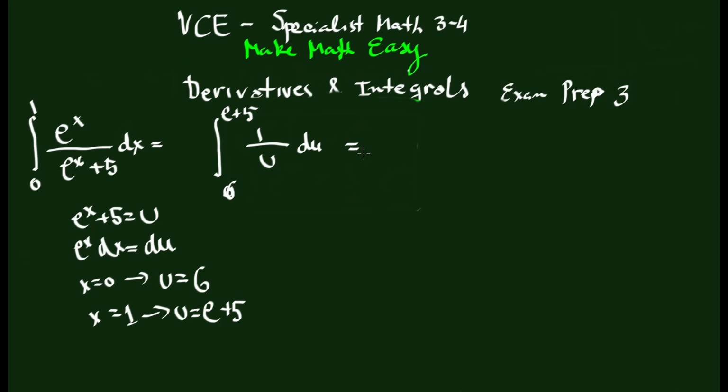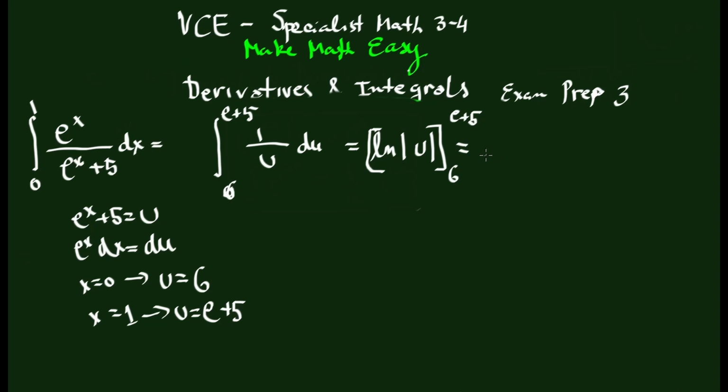So what we get is the natural logarithm of the absolute value of u, in the boundaries from 6 to e plus 5.